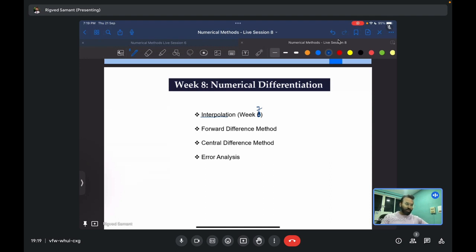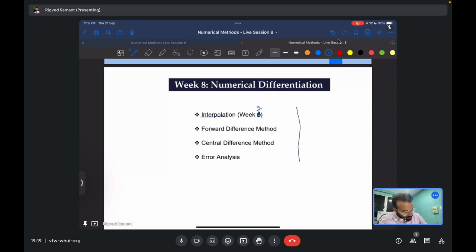Numerical differentiation: in the video lecture we started with what numerical differentiation is, in terms of slope. Differentiation by definition is dy by dx, that is the slope of the function at some point.